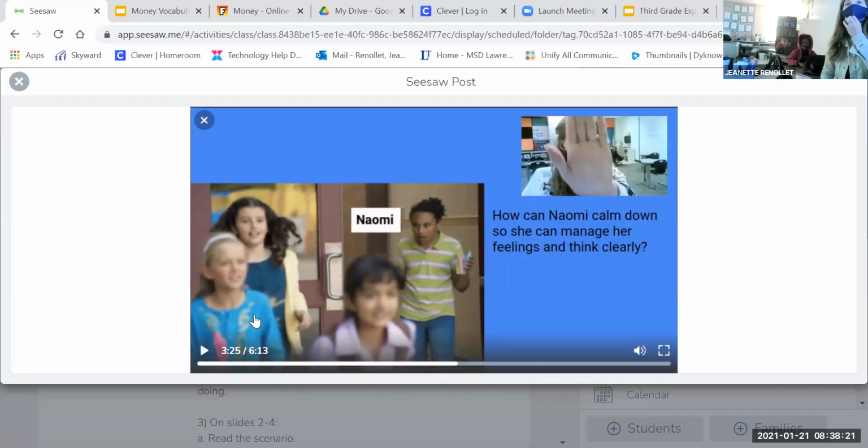How can Naomi stay calm when she's feeling like this? What can she do? We're going to go back into our partner time and we're going to share ideas with our partners or our group. What can Naomi do to calm down, manage her feelings, and think clearly? You have 2 minutes to talk about that with your group.